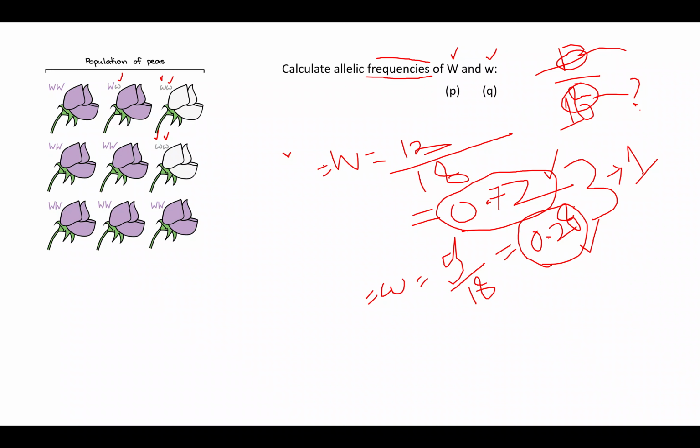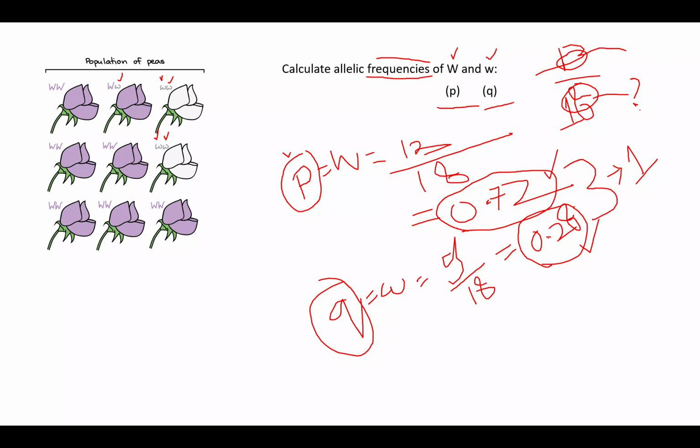So for the allele frequency of the dominant allele, we will give this letter P. For the allele frequency of the recessive, or non-dominant, allele, we will give this letter Q. P and Q.